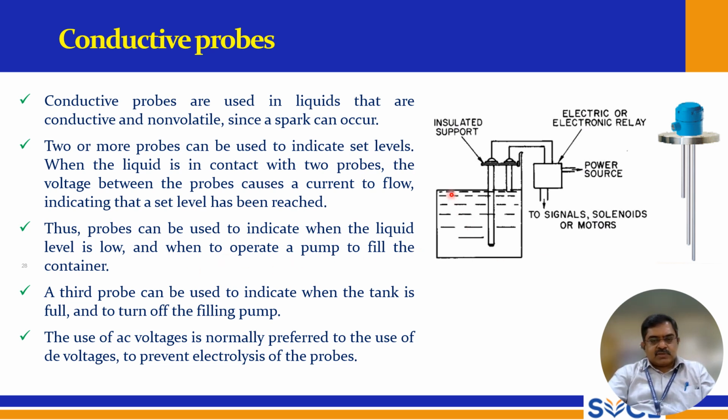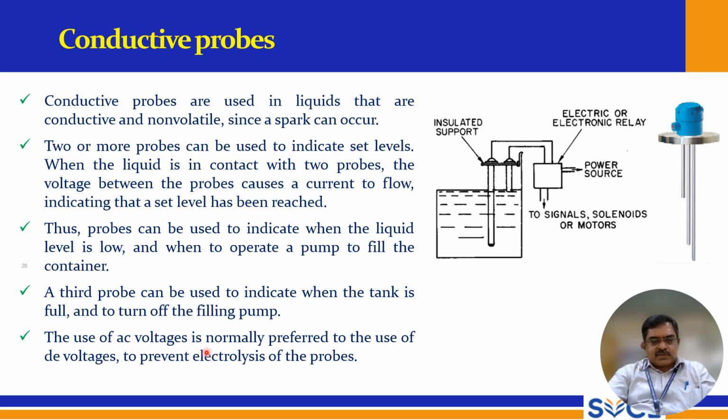So here, this is the probe. Probes are used, and one probe is shorter like this. Another probe is immersed in the liquid, and these are the probes here with variable lengths. You can see here. A third probe can be used to indicate when the tank is full and to turn off the filling pump.